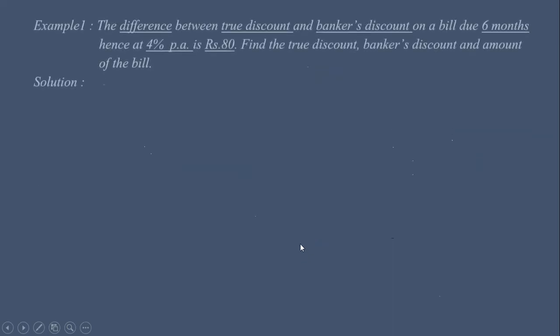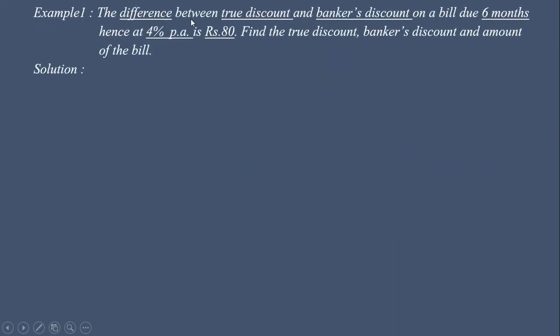So consider this example. The difference between true discount and banker's discount on a bill due 6 months hence at 4% per annum is rupees 80. Find the true discount, banker's discount and amount of the bill. Here the difference between true discount and banker's discount is given, which is rupees 80.